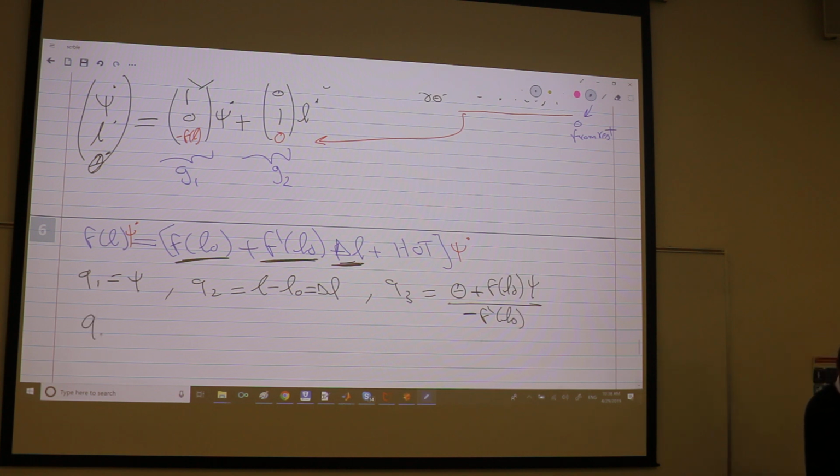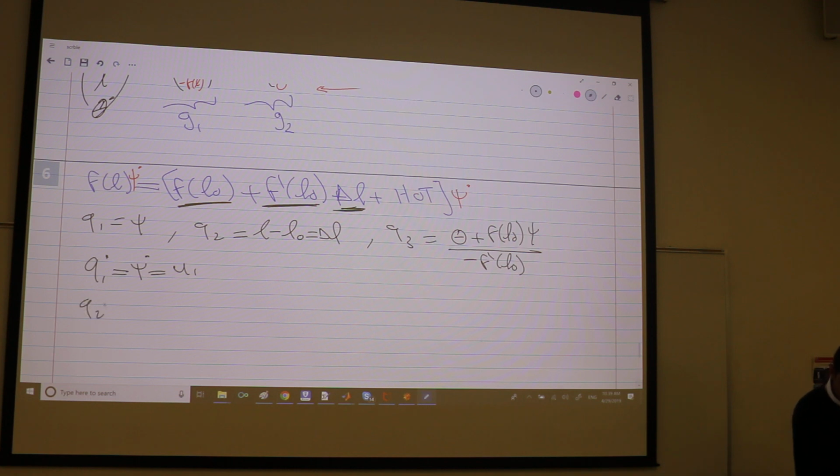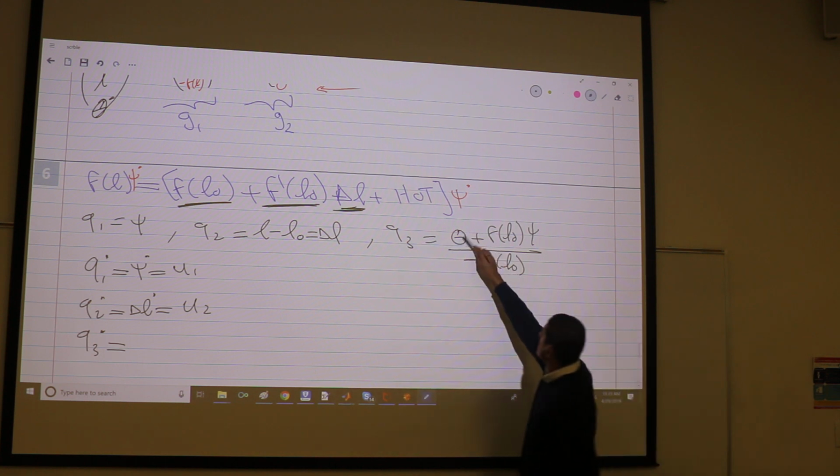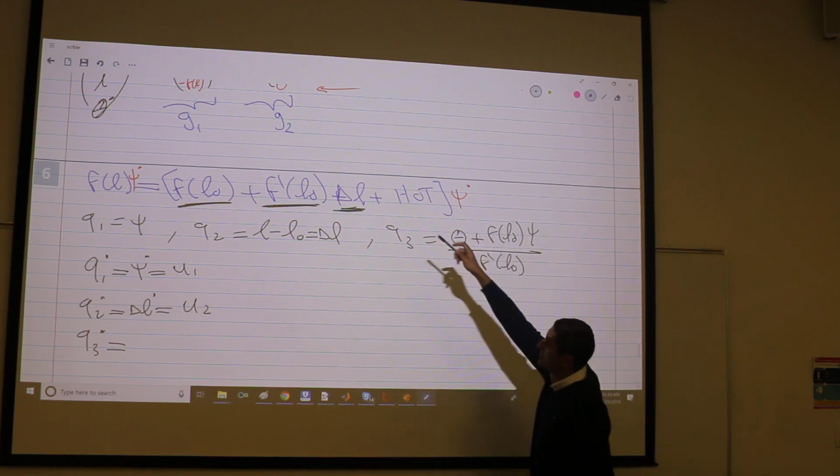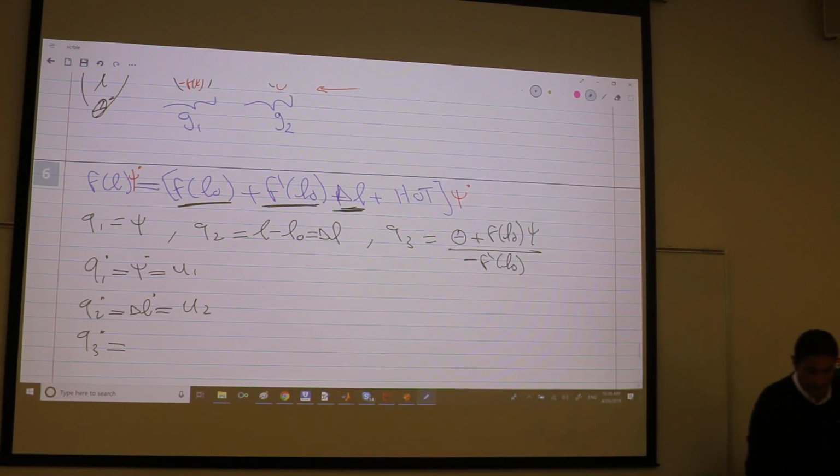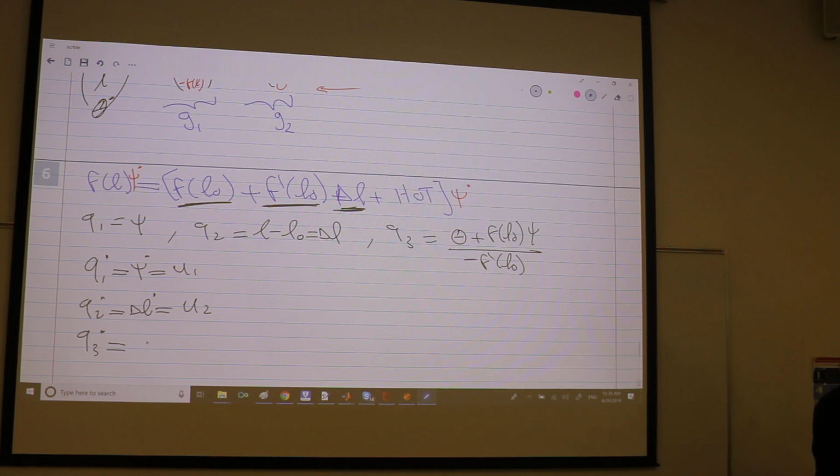So if you differentiate, now I get q1 dot is psi dot, which is u1, and q2 dot, which is delta L dot, which is simply L dot, which is u2. q3 dot, from here, is theta dot plus this guy times psi dot. So from the equation, you will have only the linear term.